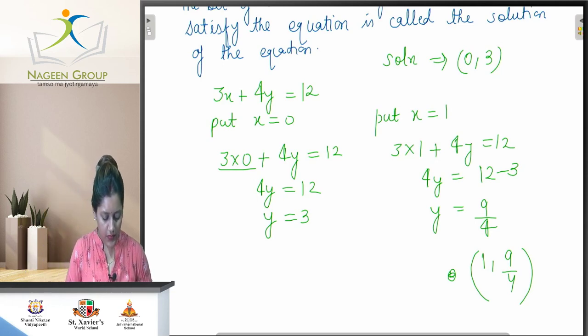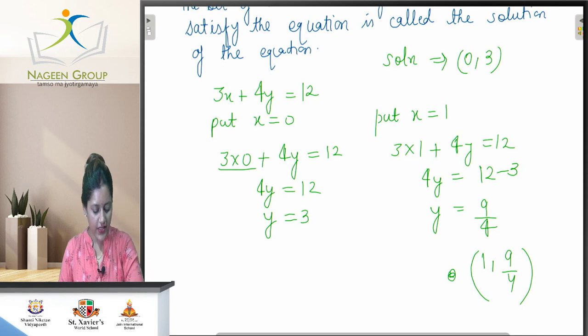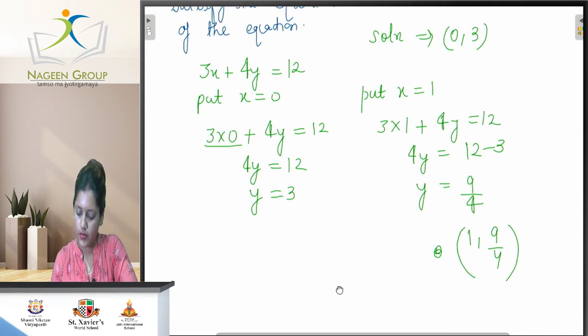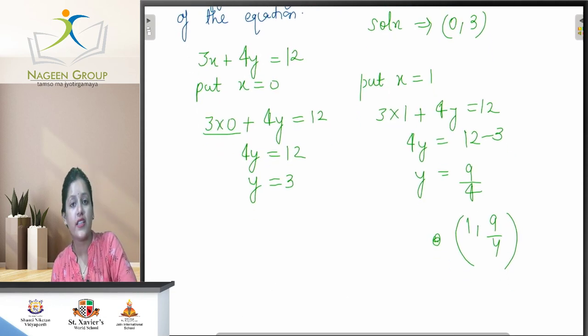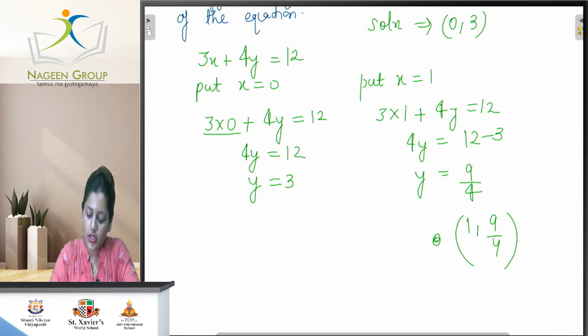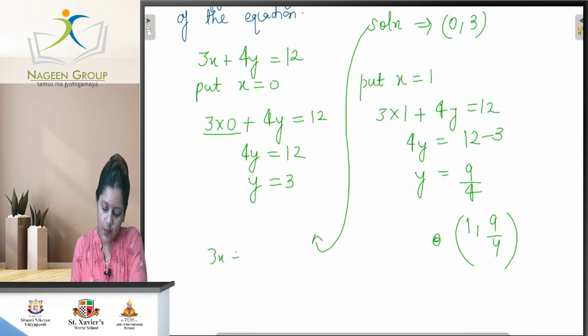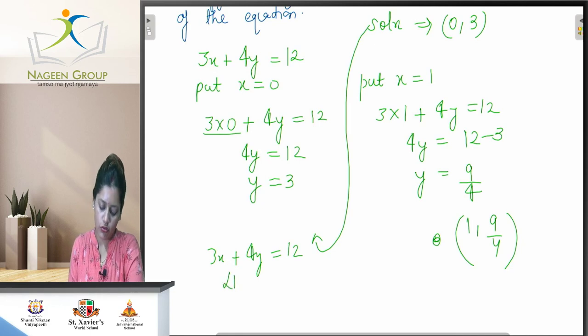Now, how do we check whether our solution is right or wrong? Put the value in the equation. We have taken the equation 3x plus 4y equals 12, and you have to prove that LHS equals RHS.